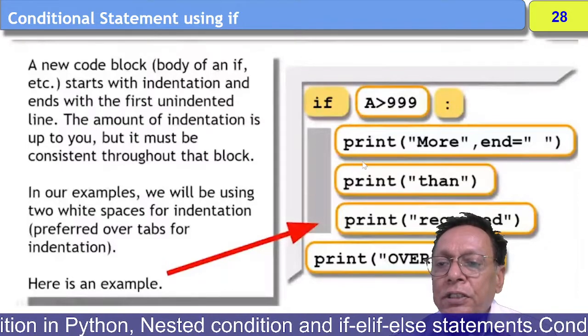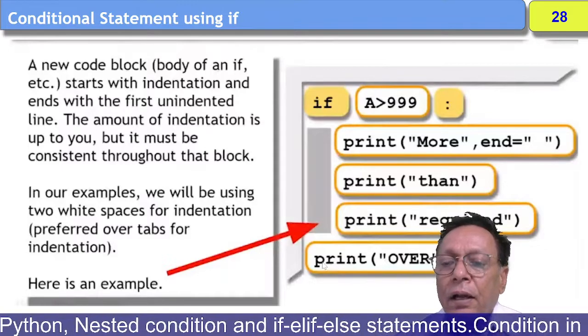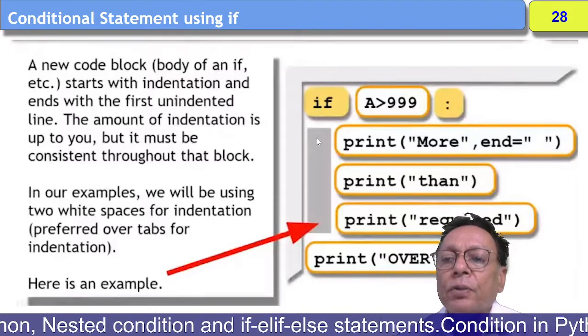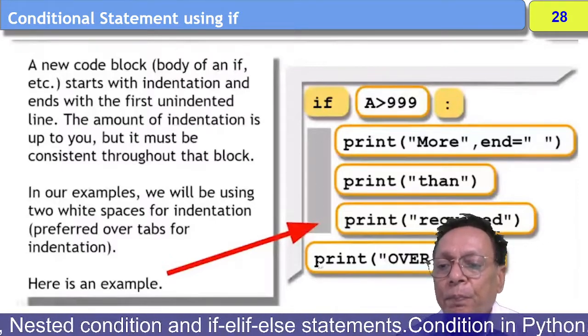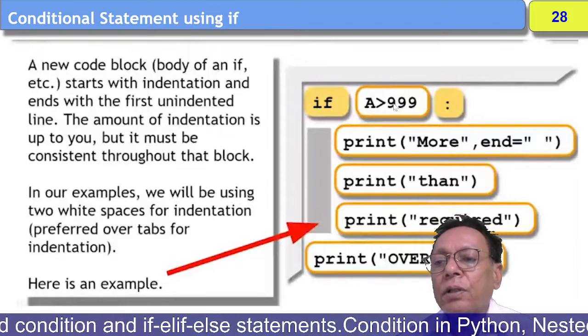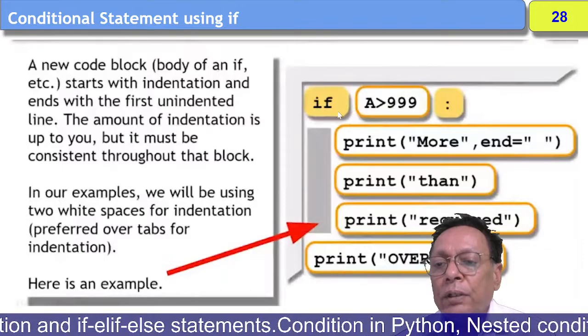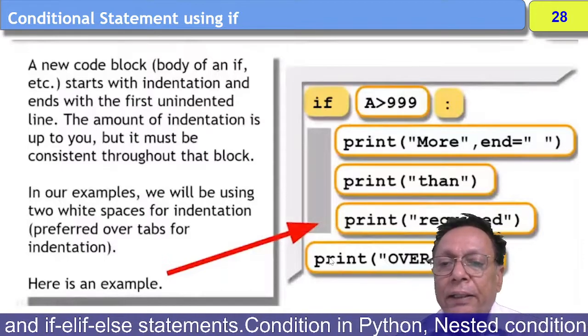These three statements are under if, but this statement is of equal priority to if. So after if, this statement will be executed if this condition is false. If this condition is false, control will come to this statement directly.